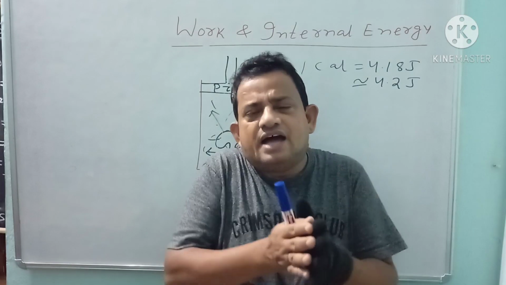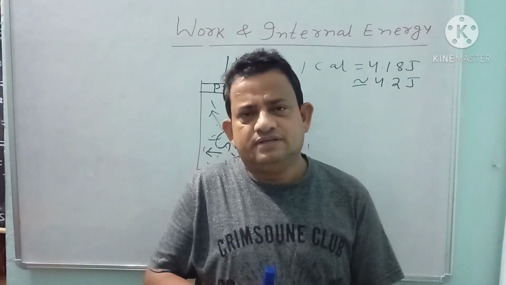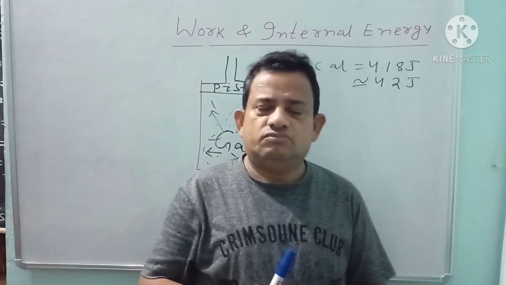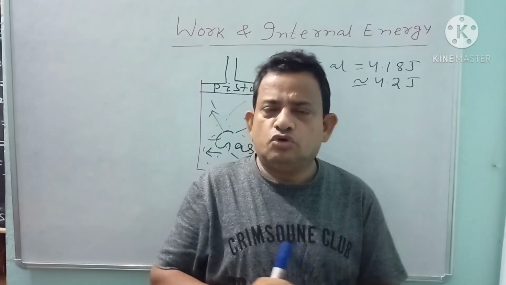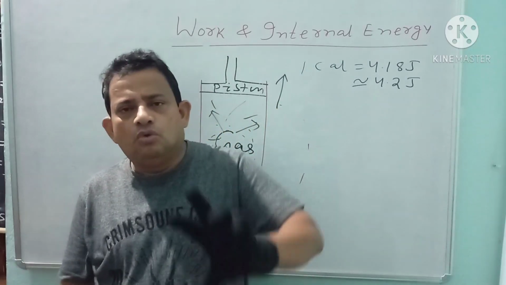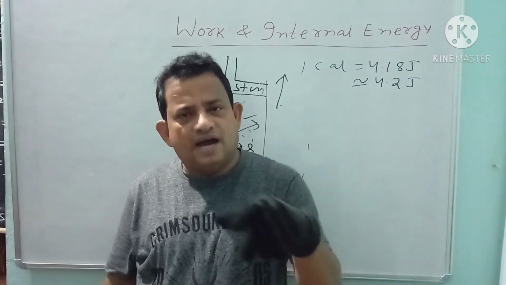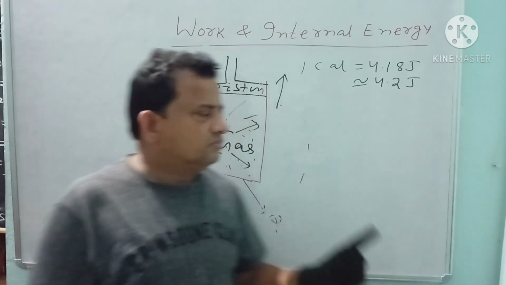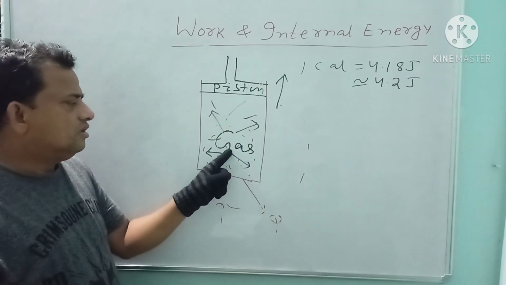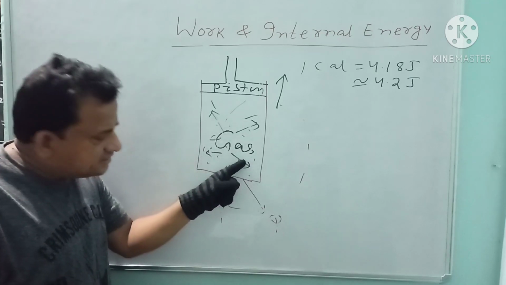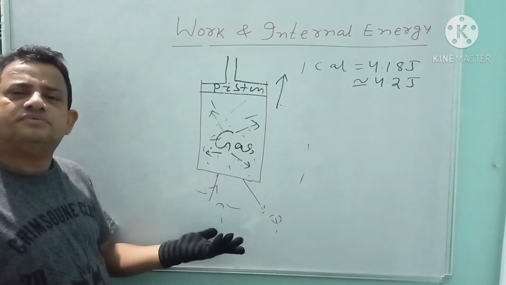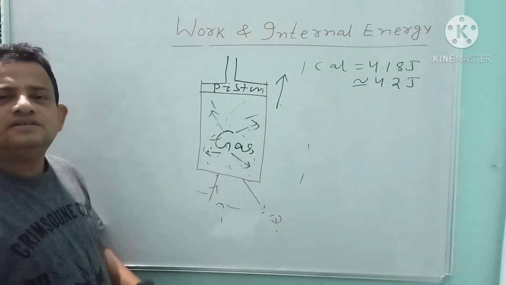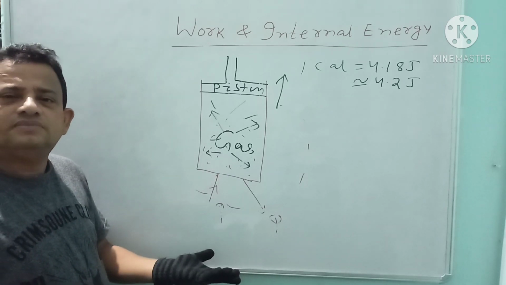But when gas is compressed, I mean work is done on the system or on the gas. Two things: work done by the system, work done on the system. This is the system. If work is done on the gas, work done is negative. If work is done by this gas, work is positive.